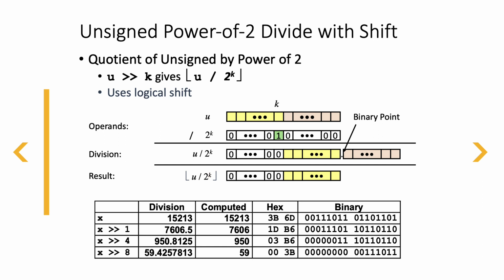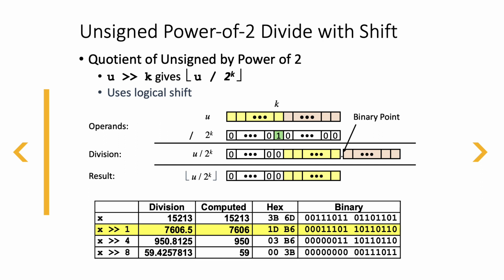If x is 15,213, right, then we're not shifting it at all. We're just leaving it alone. So obviously the computed value will be 15,213. And we see the binary here at the last part of it. Now, if we right shift it by 1, right, we are dividing by 2, and that gives us the expected result.